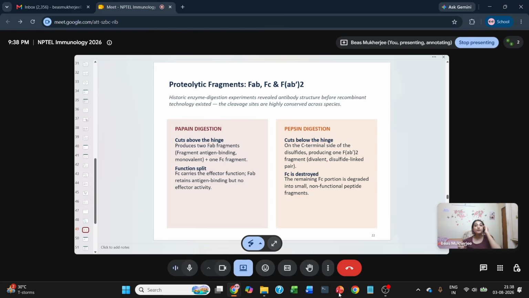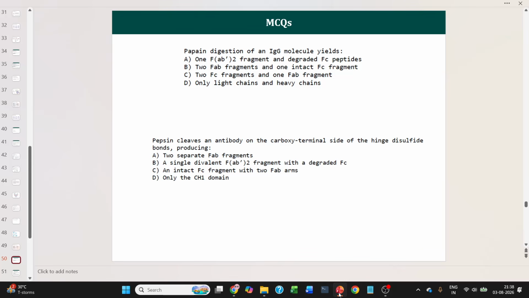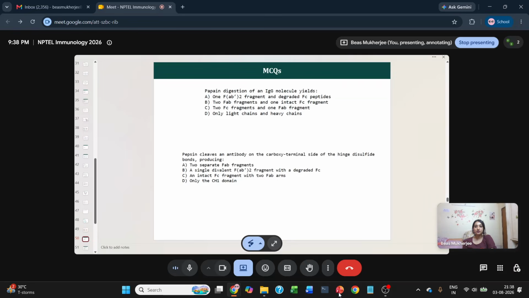So you see that it cuts below the hinge, on the C terminal side of the disulfide, producing one full Fab fragment, a divalent disulfide-linked pair, and the Fc is destroyed. It is very small and a non-functional peptide fragment. It is degraded. Okay, now we have two MCQs based on this.